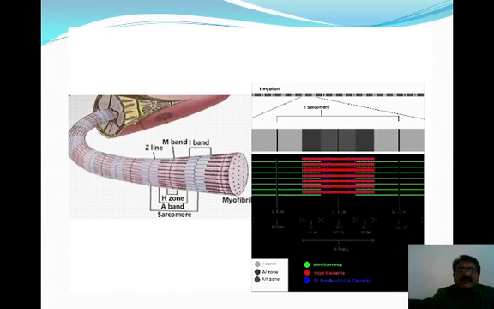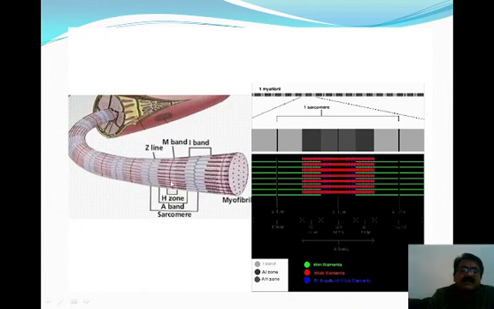Now these myofibrils, the structural and functional units of which are nothing but the sarcomeres. Here there is a clear diagrammatic presentation. The I bands are the lighter bands, and the A bands are the darker bands.